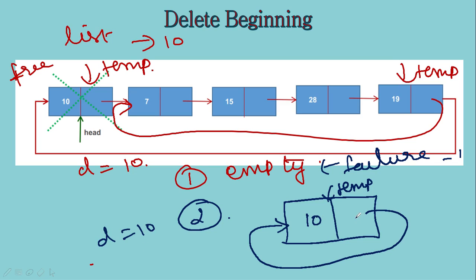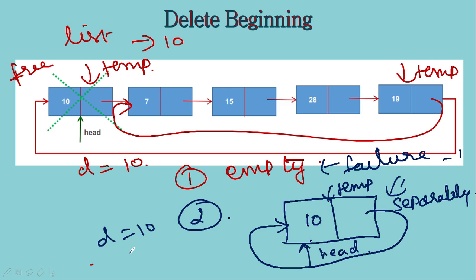Then it tells you to make the next part of the last node contain the address of the second node. Where will I find the address of the second node? Logically, it will be the next part of the head, isn't it? So if I try to do that, again I will be here only, again I will have the value here. So I should handle this case separately. This is a corner case that I have to handle separately.